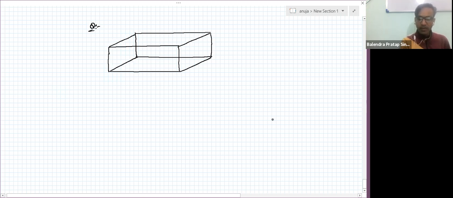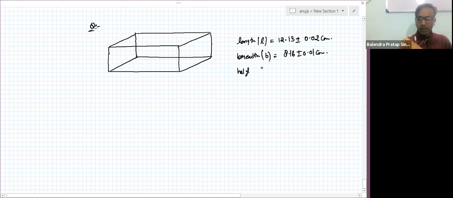So in this case, the length L has the exact value 12.13 plus minus 0.02 centimeter, and the breadth B is equal to 8.16 plus minus 0.01 centimeter, and the height H is equal to 3.46 plus minus 0.01 centimeter.